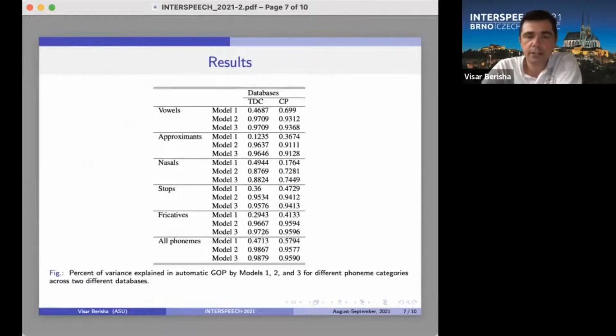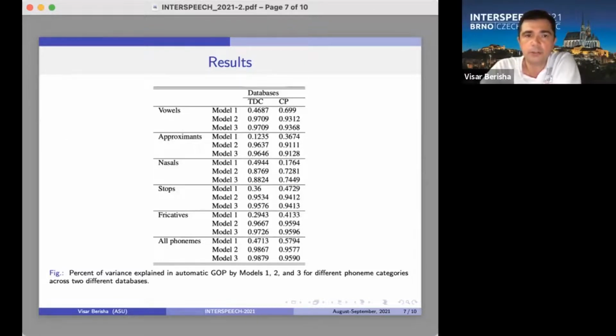And let's get into some of the results here. So in this table, we show the percent variance explained by each of the 3 models. So for model 1, the values indicate what percent of the variance in the automatic GOP is explained by forced alignment errors. And we have the TDC corpus, the typically developing corpus, and the cleft palate corpus here.